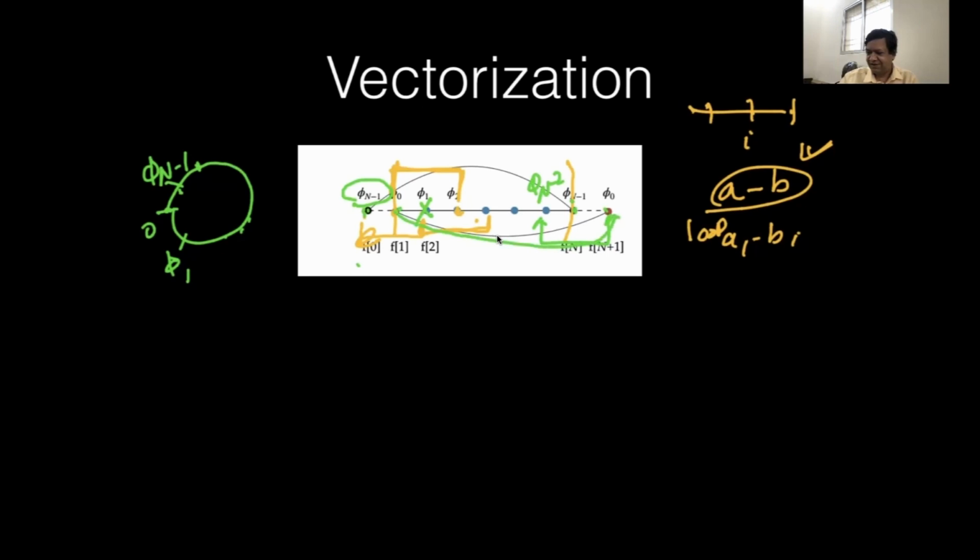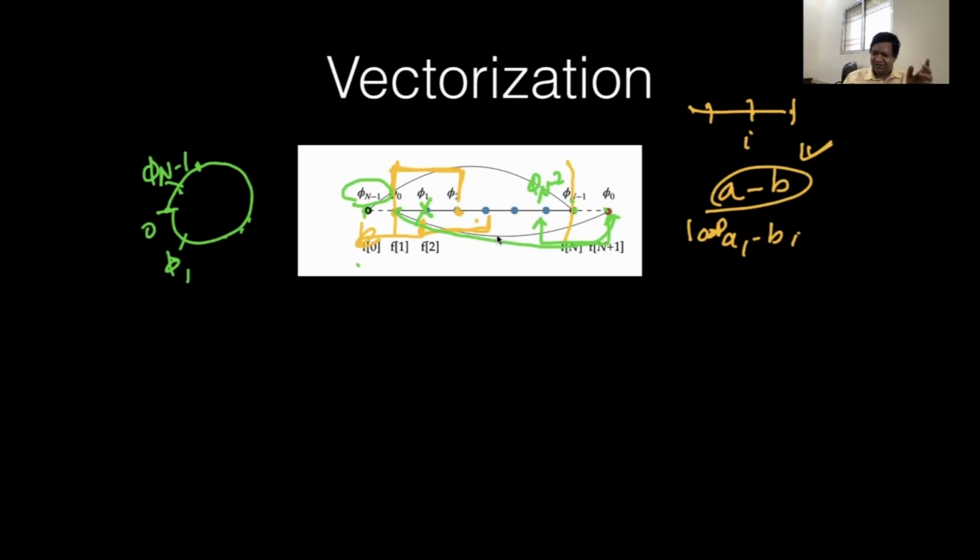So we add 2 additional points in the array for the central difference scheme, one to the right and one to the left. The left point is phi n minus 1, and the right point is phi 0. If we have this, then we can easily vectorize.